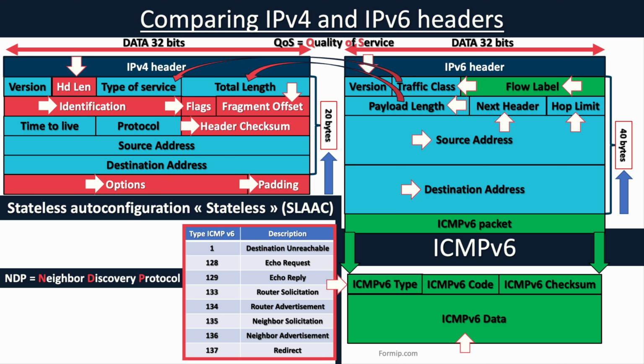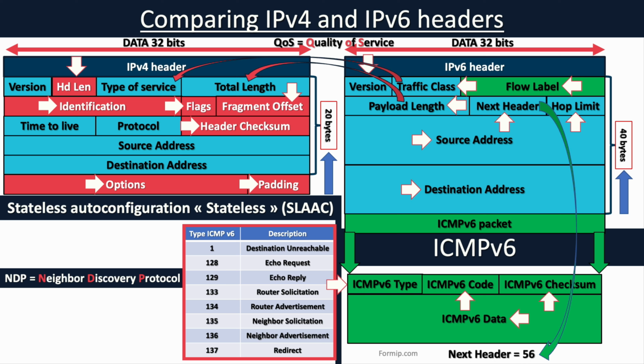The code field gives details about the type of message. The checksum field represents the validity of the packet at layer 3. And the data field contains the diagnostic information, which is sent to the receiver. To inform the receiver that this is an ICMPv6 packet, the next header field in the header will have a value set to 58.